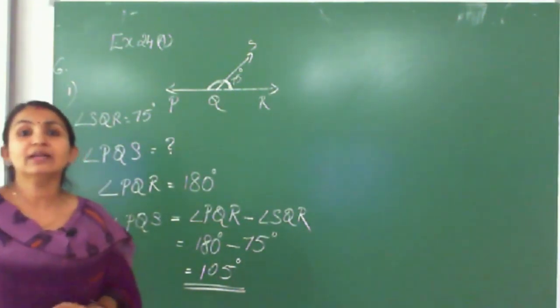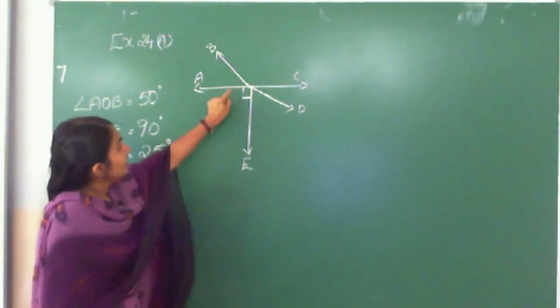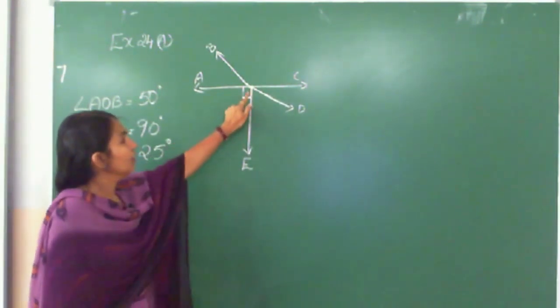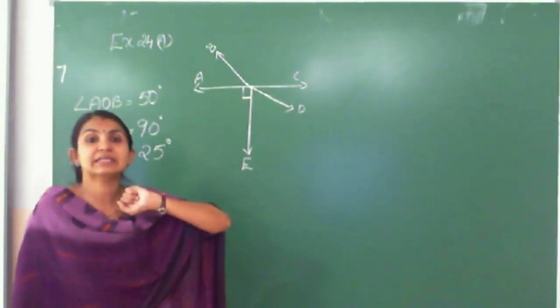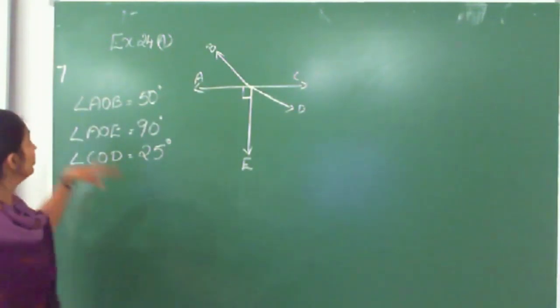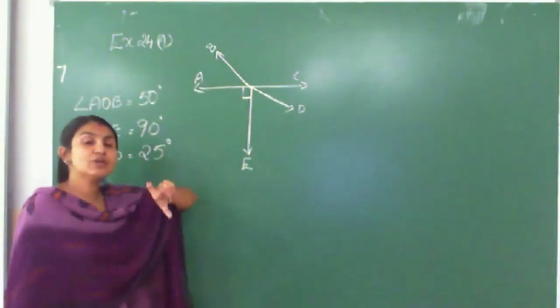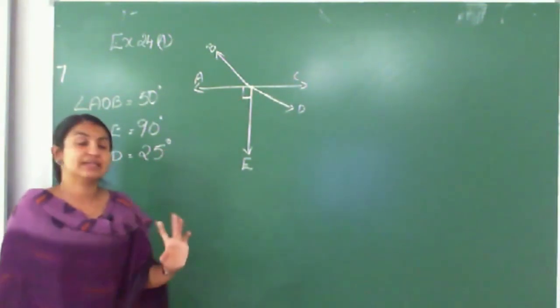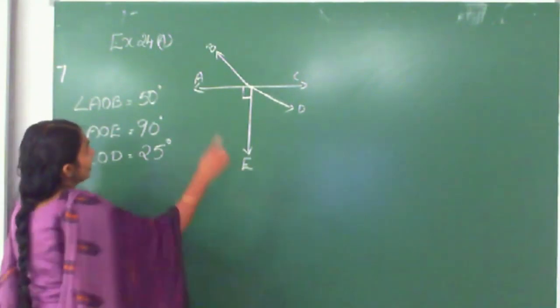Now we are going to do the 7th question. The 7th question is this one, and if a small box like a square is given, it means it is 90 degree. Clearly it is given there in the question also, but still sometimes it won't be given there as 90 degree, so you should understand that this one is 90 degree. So AOB is equal to 50 degree. What is AOB?